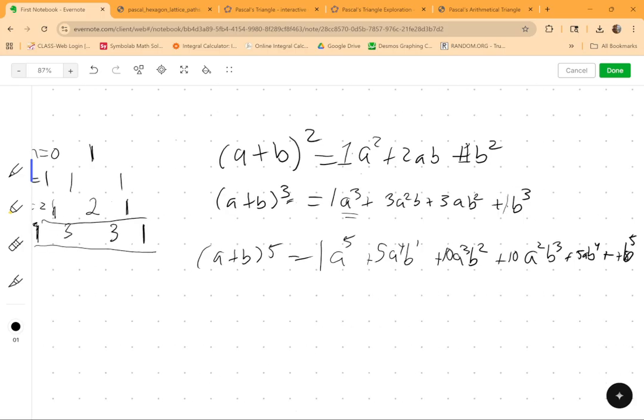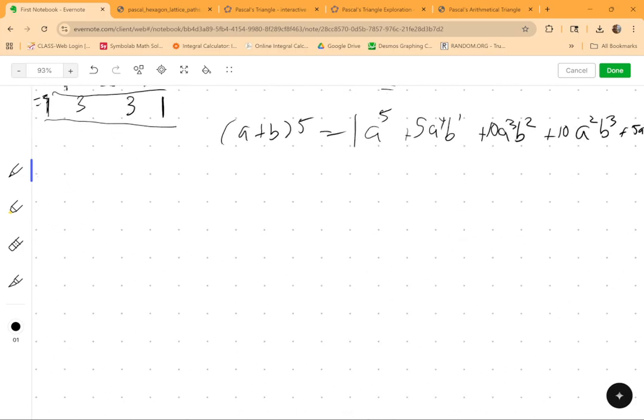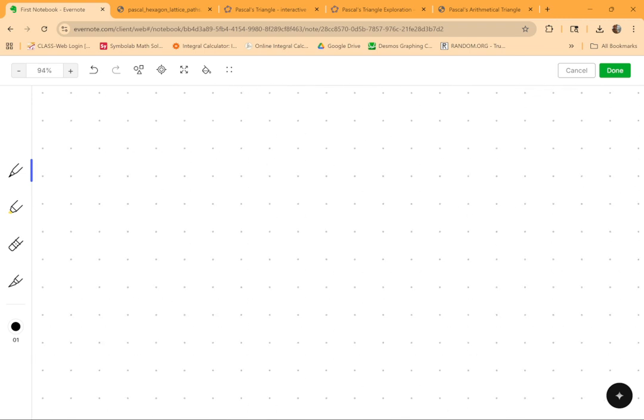All right. Now, another useful thing about this Pascal's triangle is in the notion of what are called lattice paths. So here, let me recolor these.